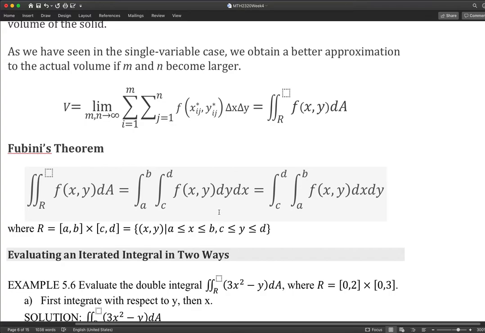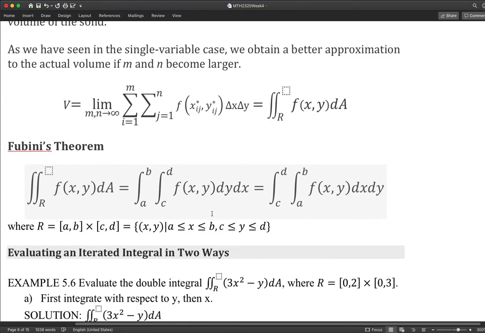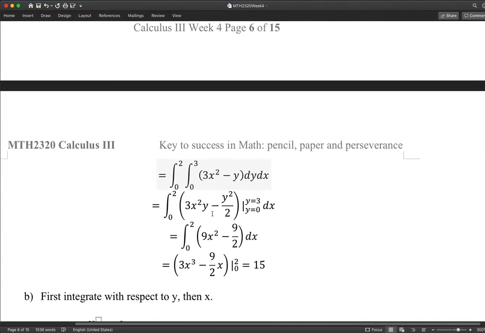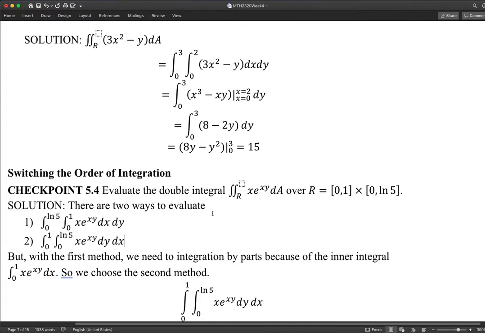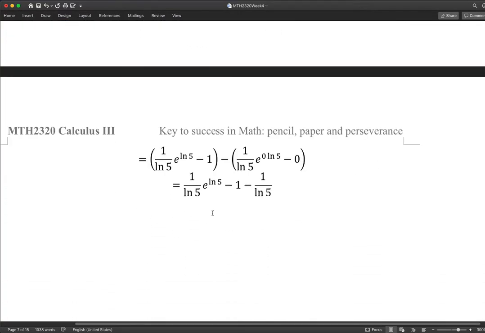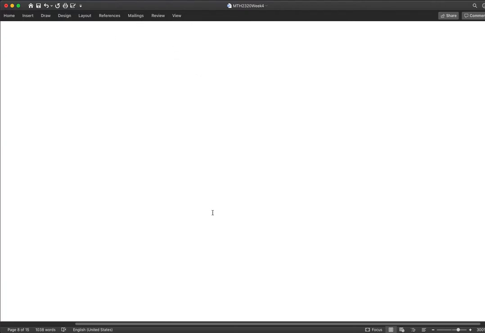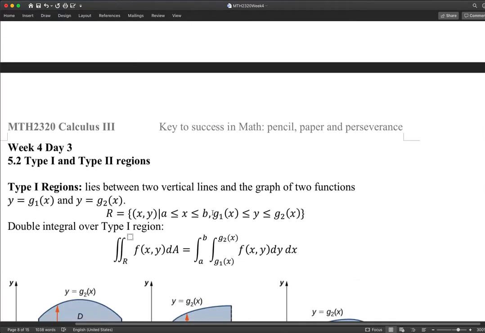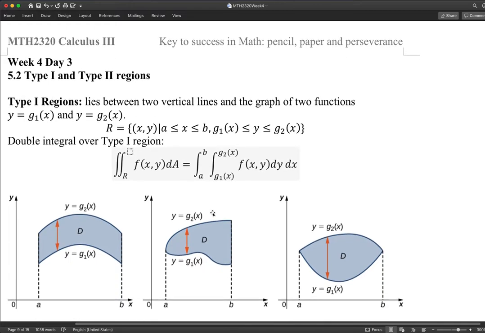That's all about 5.1. How about a move to 5.2? It's still about double integrals. But keep in mind, in 5.1, we really only covered a very simple case. We are having a double integral over a rectangular region.